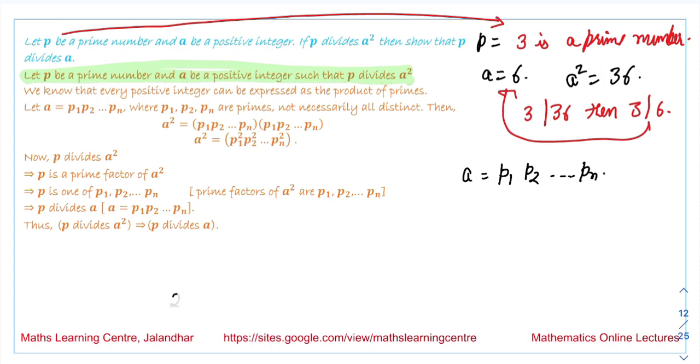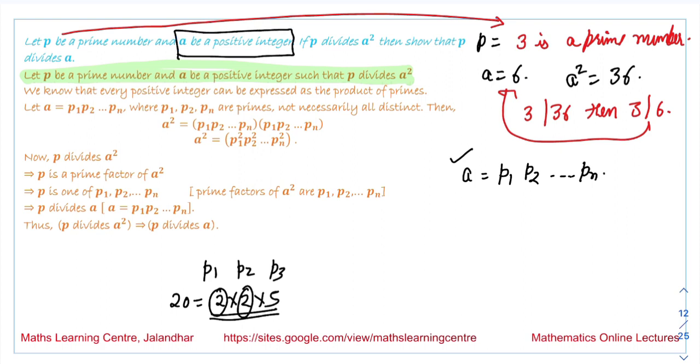Suppose I am talking about the prime factorization of 20, then its value is 2 into 2 into 5. This is a prime factorization, but both these numbers are the same. So this is p1, this is p2, this is p3. Any positive integer we are talking about will have a prime representation in this form.